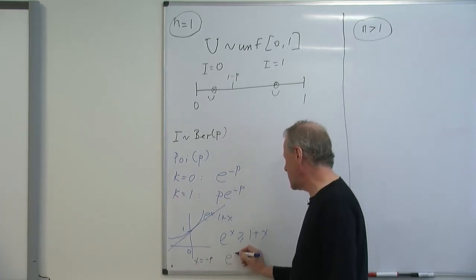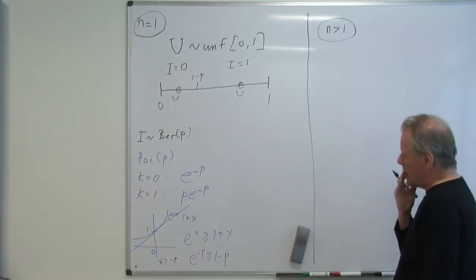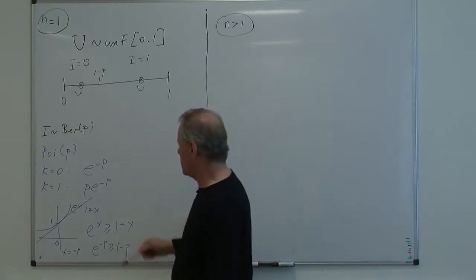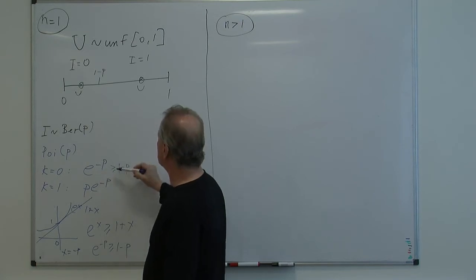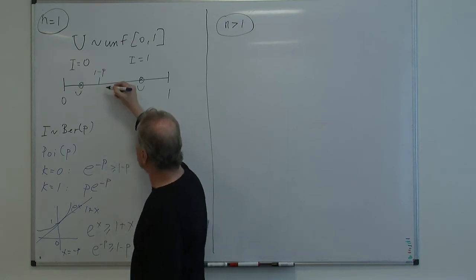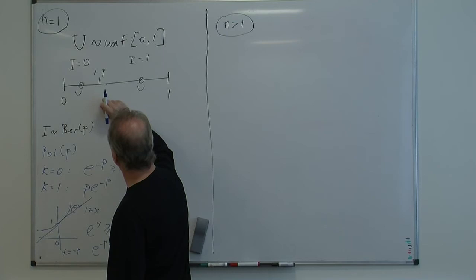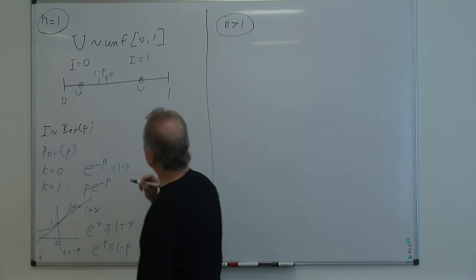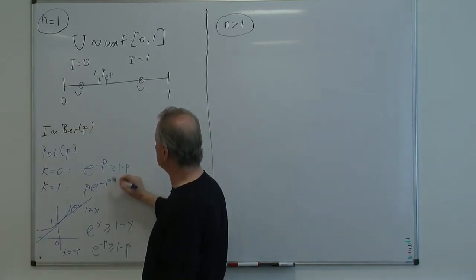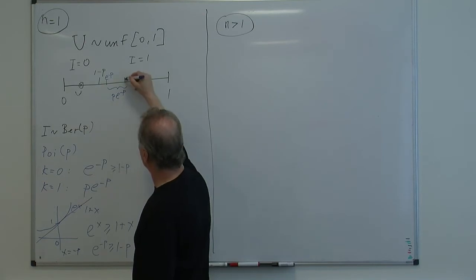And you have e minus p greater than or equal to 1 minus p here. So, this probability is greater than or equal to 1 minus p. So this number is somewhere here. Maybe I put it here, e minus p. Okay, and then this number, if we add it to this one, so add here, we are here somewhere.